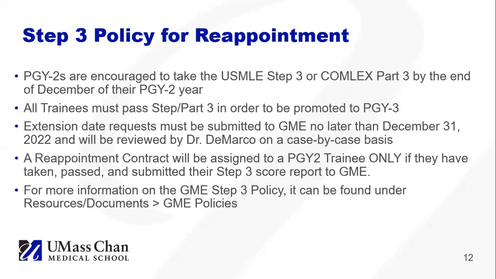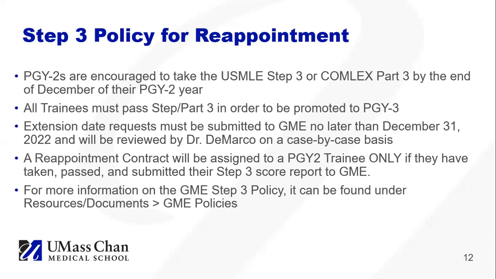Again, step 3 policy for reappointment. I think we kind of went over most of this stuff. If you want more information on the step 3 policy, it can be found in resources and documents, GME policies. It's in there. Please follow up with your current PGY1s to let them know. We really encourage you to take your step 3 before the end of December of your PGY2 year.